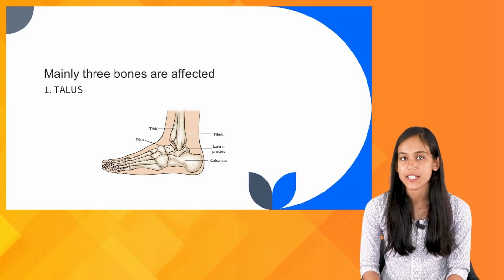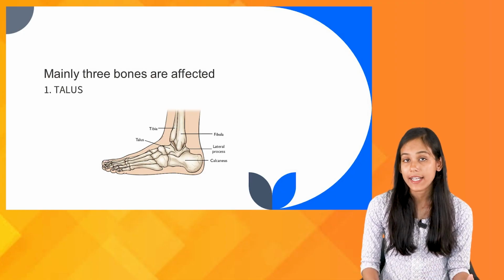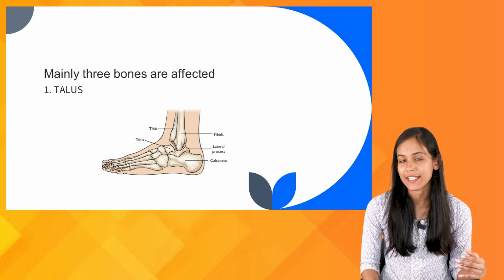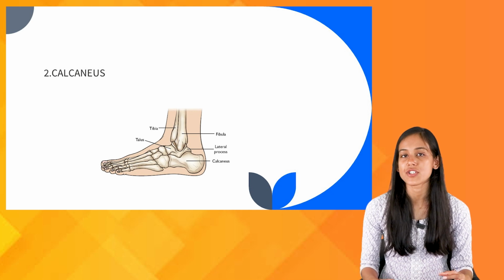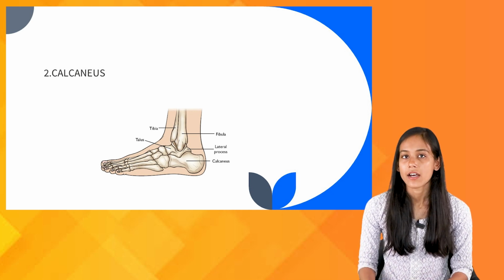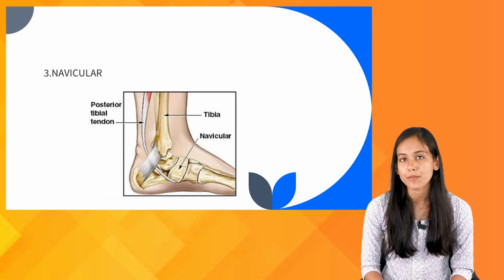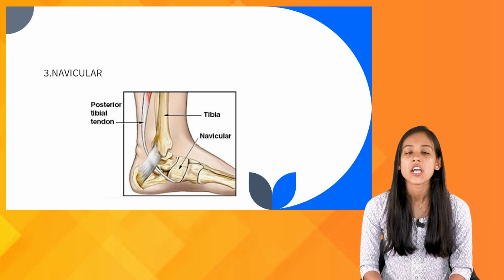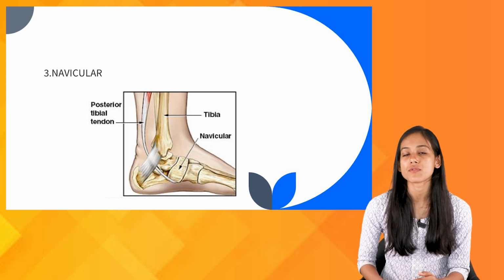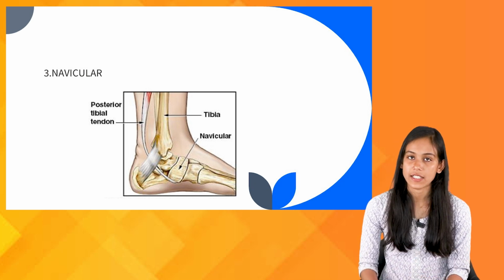Now, as you can see in this picture, talus is located exactly below the tibia, then the calcaneus is there in the heel, just below the lateral process, and then we have the third bone, that is navicular. So majorly these three bones will be affected in this condition.